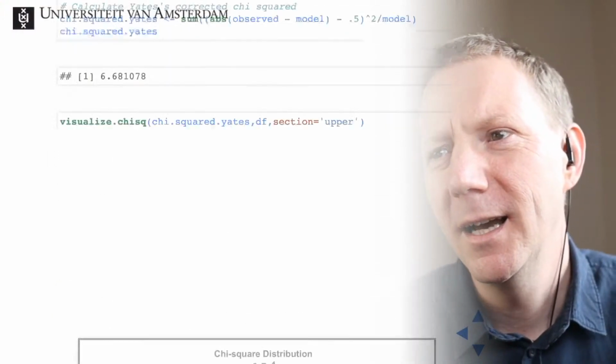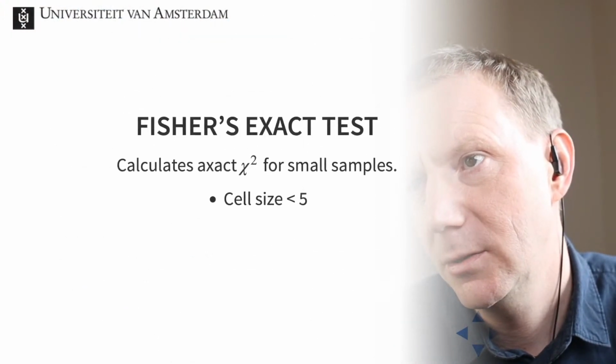Am I stating it wrong somewhere? I think you said 2. Oh, I misspoke there. Sorry for that. So that's the Fisher's correction.